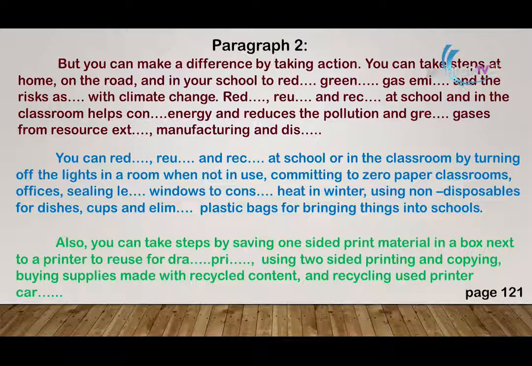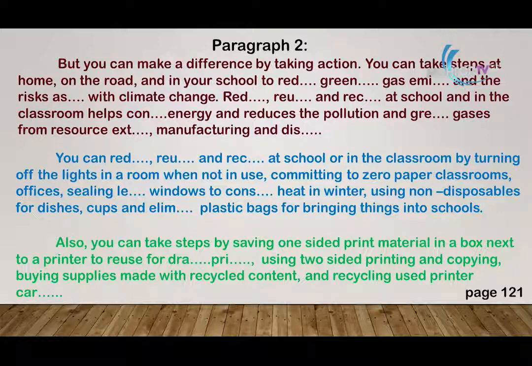But you can make a difference by taking action. You can take steps at home, on the road, and in your school to what? What do you think? Reduce greenhouse gas emissions and the risks associated with climate change. Okay, let's continue.